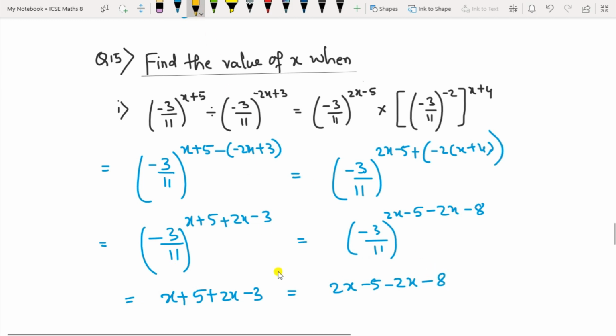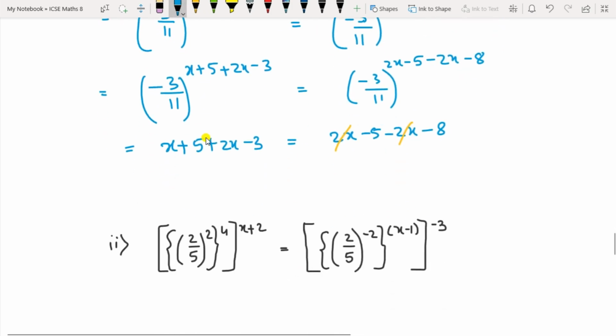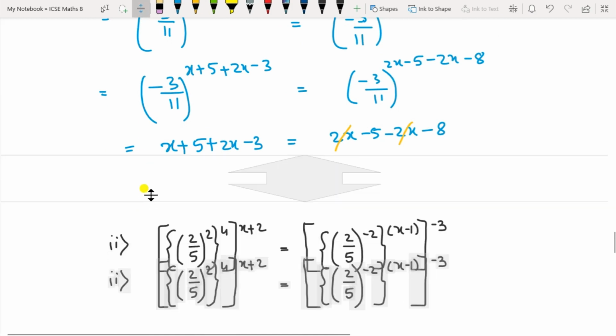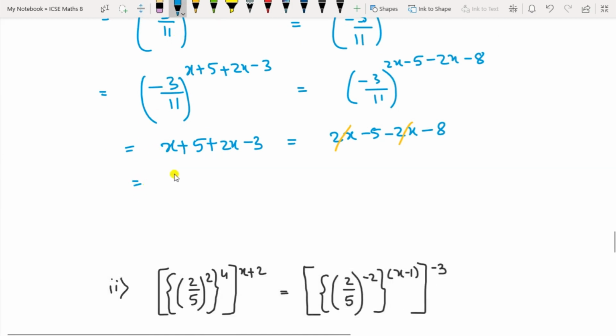So in this case here minus 2x and plus 2x will get cancelled. Okay, so this becomes, this is 2 plus, like terms, 2 plus 1 is 3x, 5 minus 3 is plus 2, then this is minus 5 minus 8 is minus 13 here.